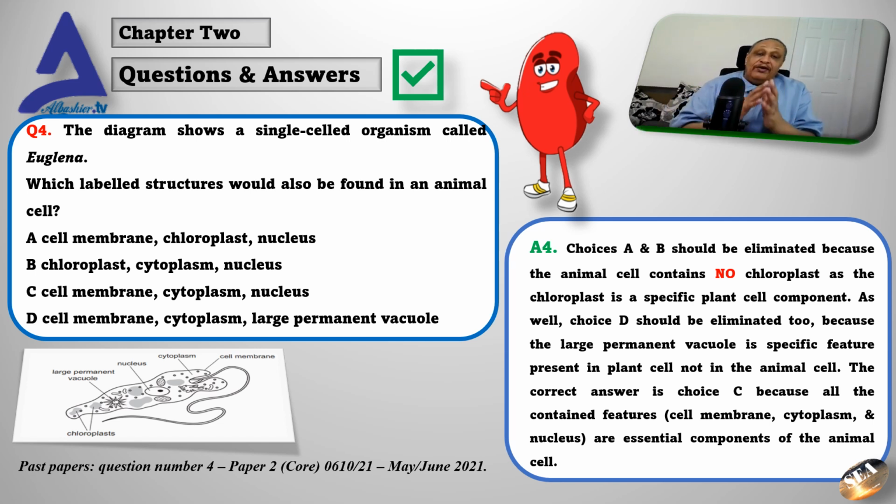Now, when he wants to compare the plant cell and the animal cell, remember the rule of 3 by 3. So how did I answer this question?